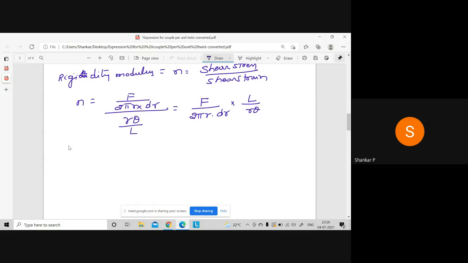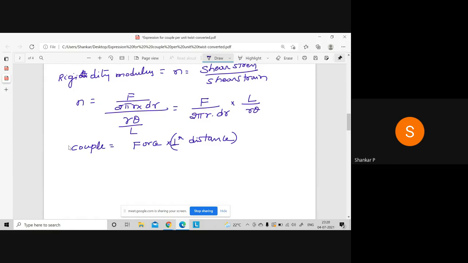So what we need is the couple per unit twist. So first let us evaluate what is the couple acting on the cylindrical layer. The formula for couple is nothing but force into perpendicular distance from the fixed end, where this distance is the distance between the force and the reference point, or the fixed point.